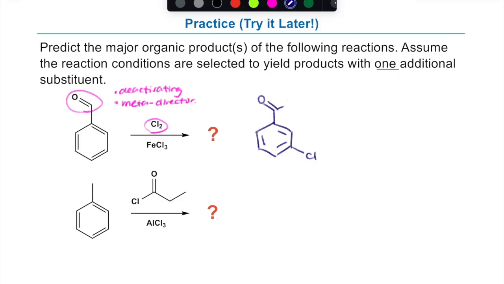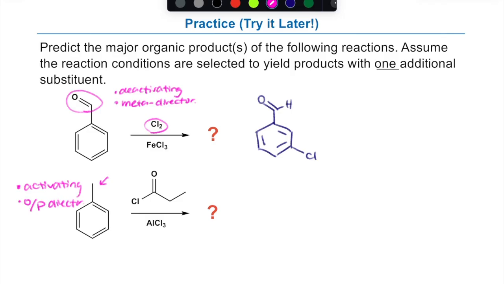And for this last example, we have Friedel-Crafts acylation. The ring, because it is an alkyl ring, this is activating, and it is an ortho para director.